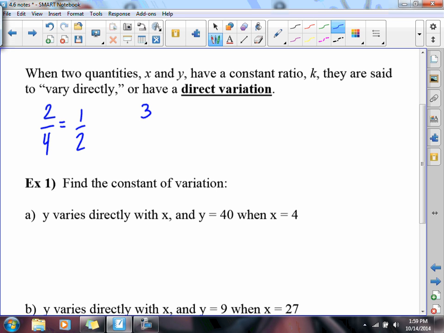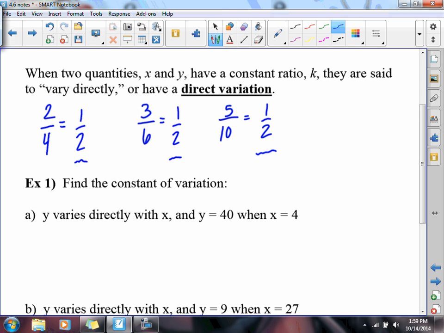Or if we had two other quantities, 3 over 6, those also reduce all the way down to 1/2. Or you could have 5 over 10, that reduces down to 1/2. So all of these quantities that I'm picking and putting in a ratio all reduce down to the same constant ratio of 1/2.